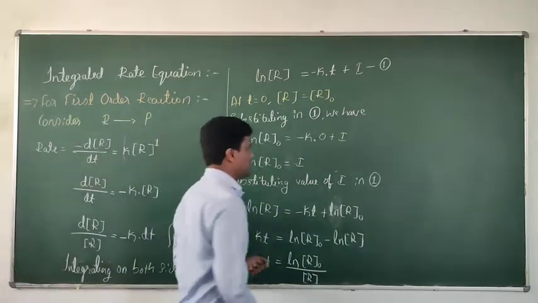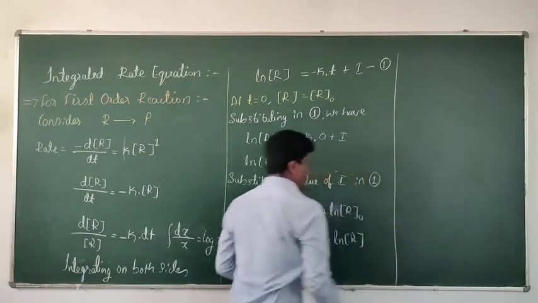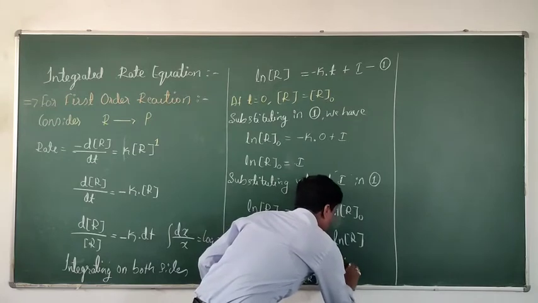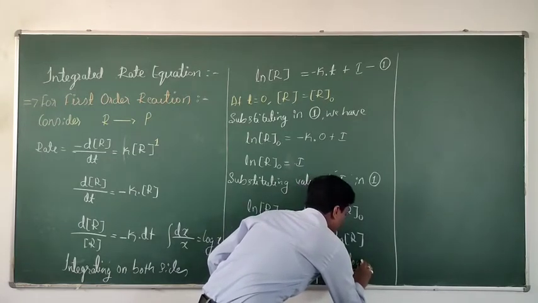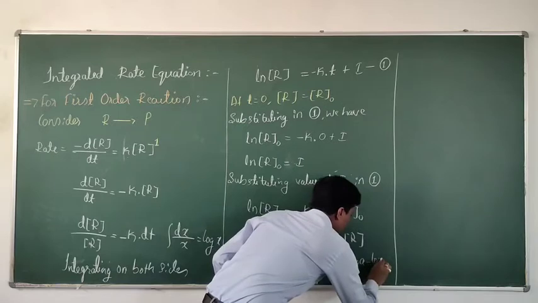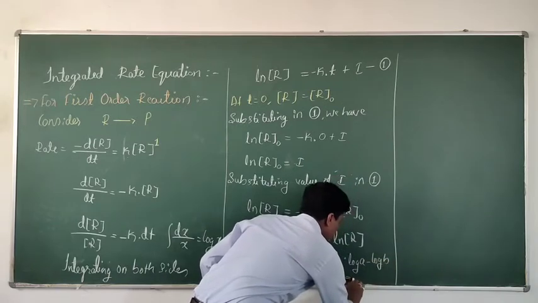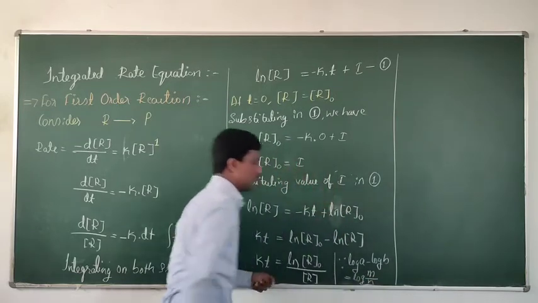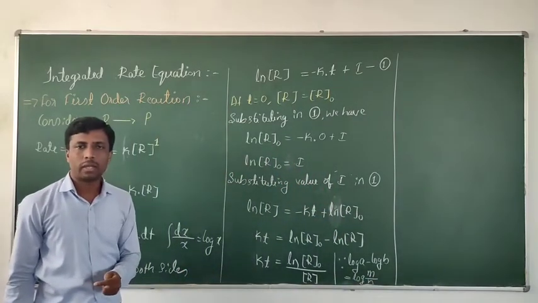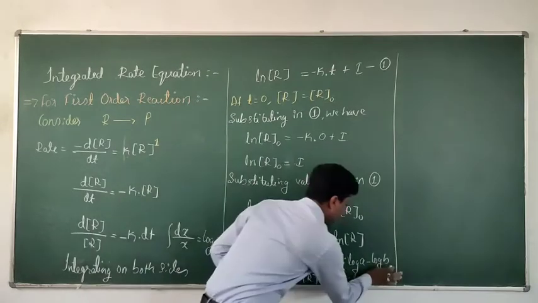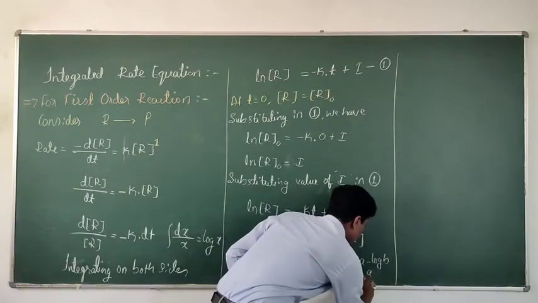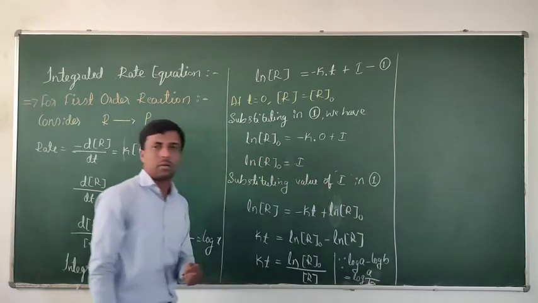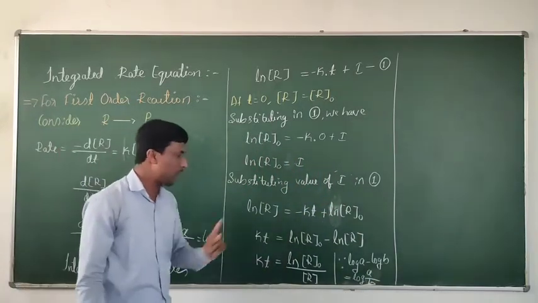Because log a minus log b is equal to log of m by n. You have to make this form, log of m by n, a by b, a divided by b. Okay, let us apply that formula now.